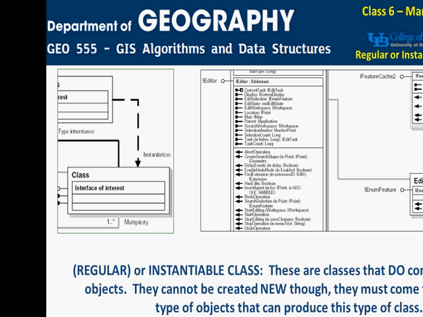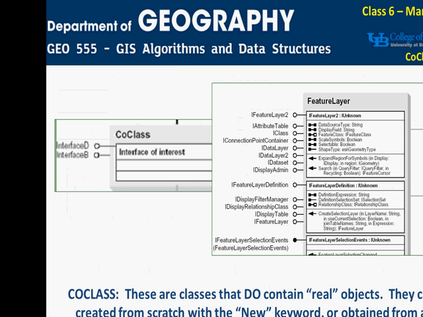So if a class is regular, and it'll be an empty, not filled in box, but not italicized title, you must use another type of object to produce the class. Many objects fall into this category called co-class.